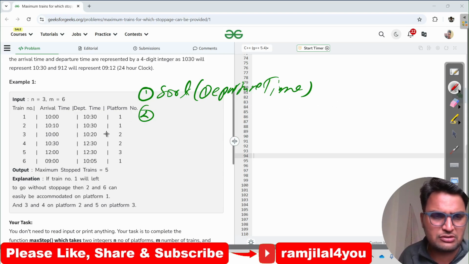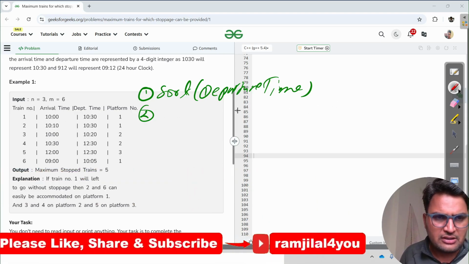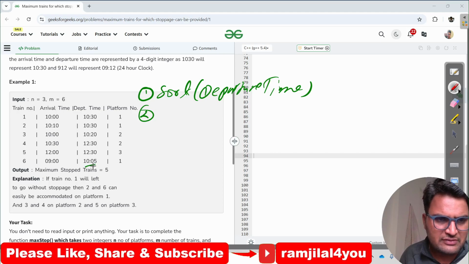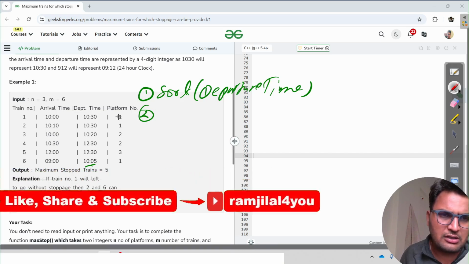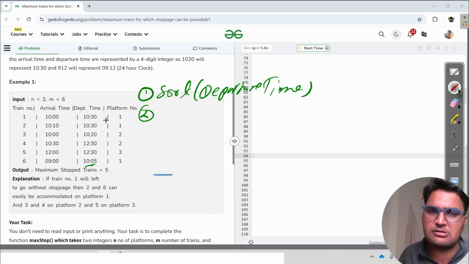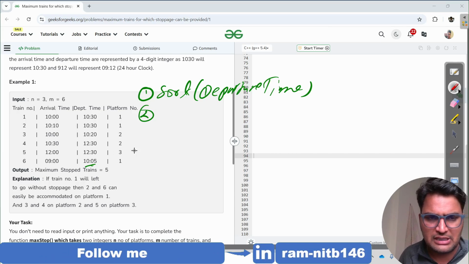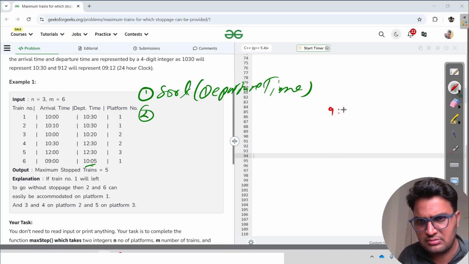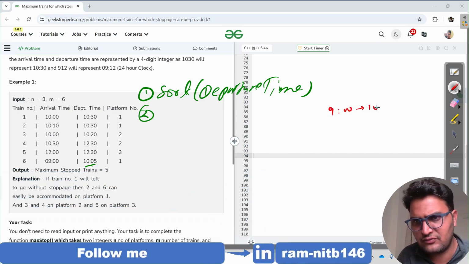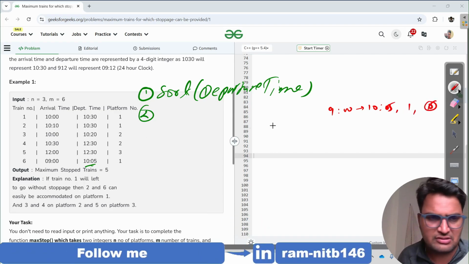The second step, once this data is sorted, for example, after sorting, the first departure time is this one. Before this, I will also include the train numbers with this data. So if I sort this, let me write here: 9 to 10:05, platform number 1, and this is train number 6, correct?